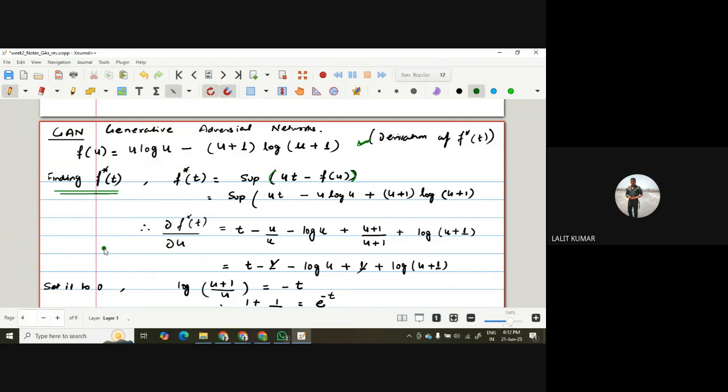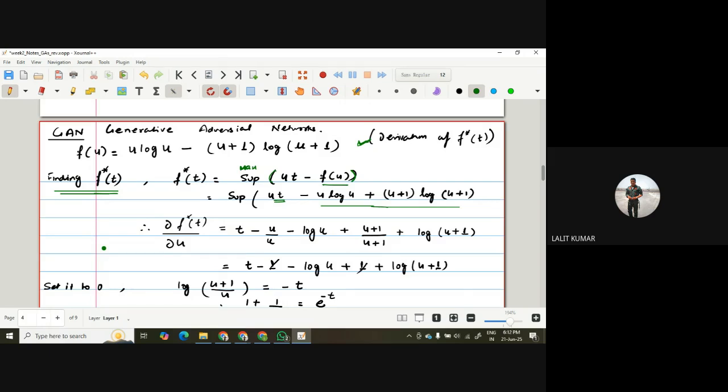Okay, so this is how we find the conjugate. F star of t is max over u of ut minus f(u). When you replace this f(u) here, this will become (u plus 1) log (u plus 1), with a minus sign, and this becomes ut.